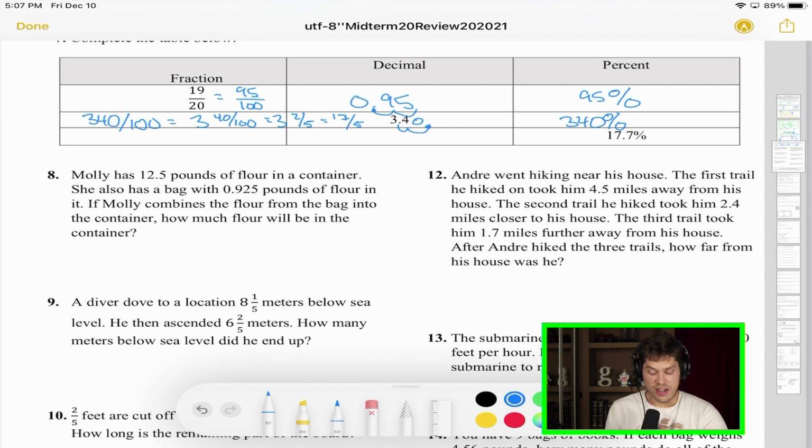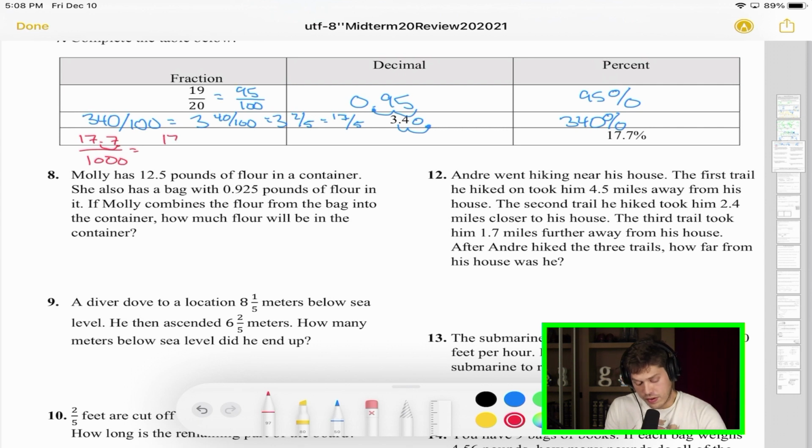Okay, and then lastly, 17.7%. Well, you just put that over 100 and you have it as a fraction, but you can't have a decimal in a fraction, okay? So you just move the decimal over, but that means you add a 0 down here.